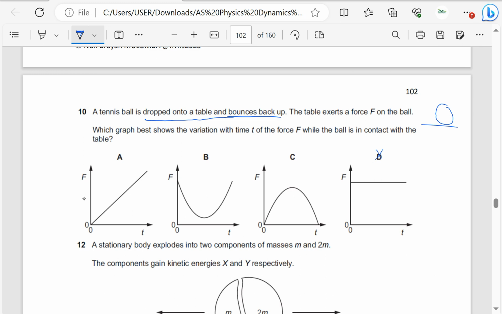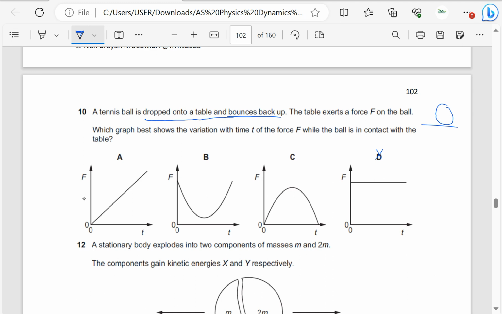The table does not exert any force at the instant when the ball just makes contact, or at the instant when they just separate. So it means C. D is going to be out because it is showing that there is a constant force throughout.